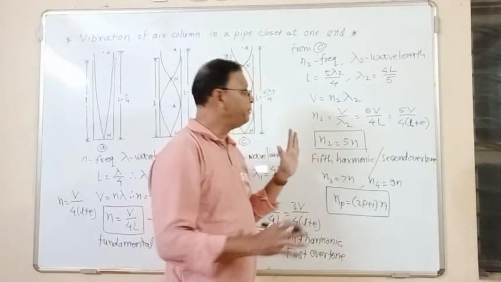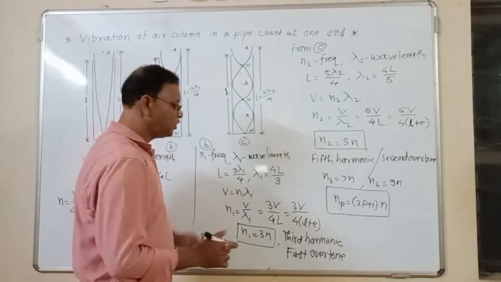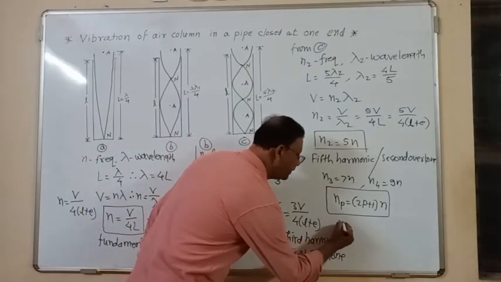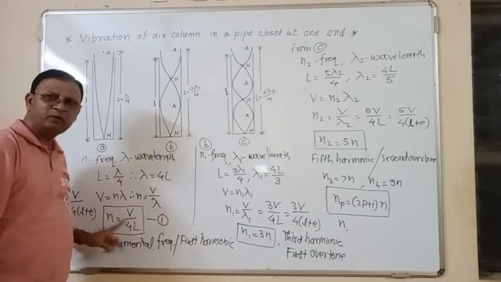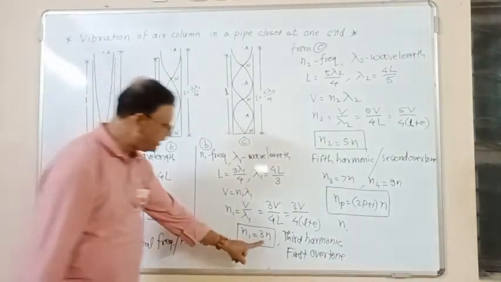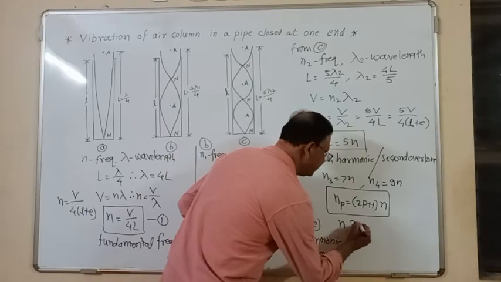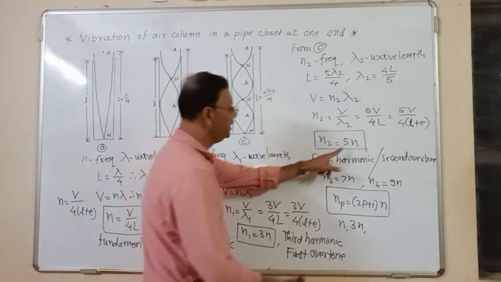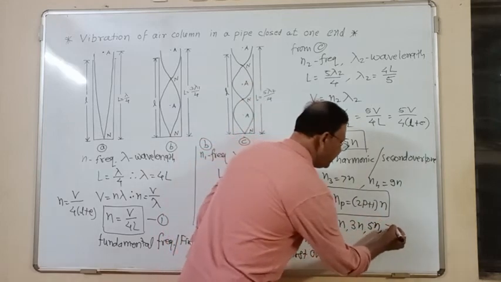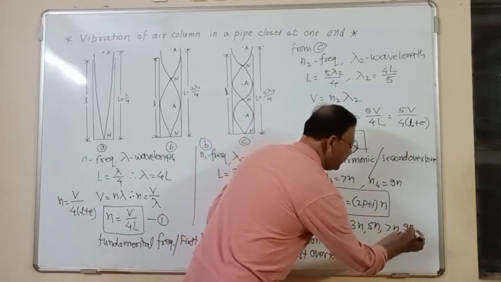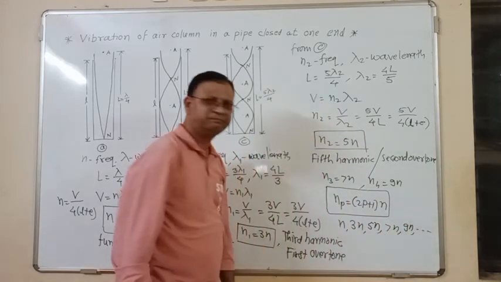So vibrations of an air column consist of the fundamental frequency n, याच्यामध्ये n आहे, n is equal to v by 4l. त्याच्यानंतरची फ्रिक्वेन्सी कुठली आहे? 3n. त्याच्यानंतरची फ्रिक्वेन्सी कुठली आहे 5n. ओके, त्याच्यानंतरची 7n, त्याच्यानंतरची 9n and so on.